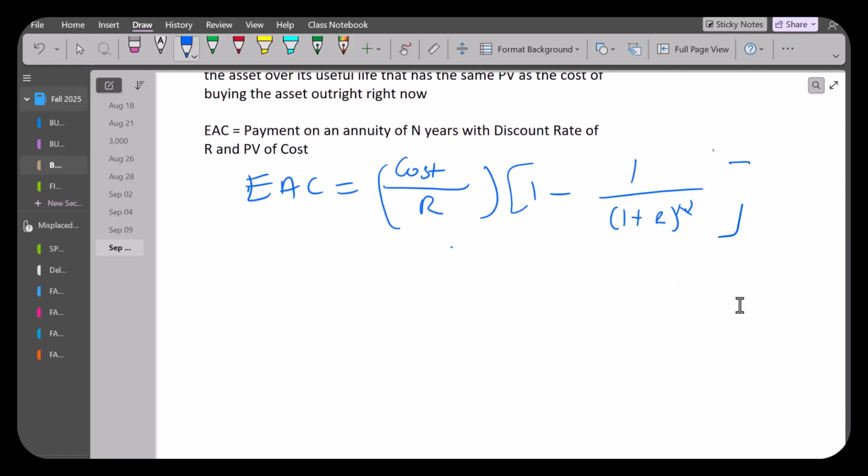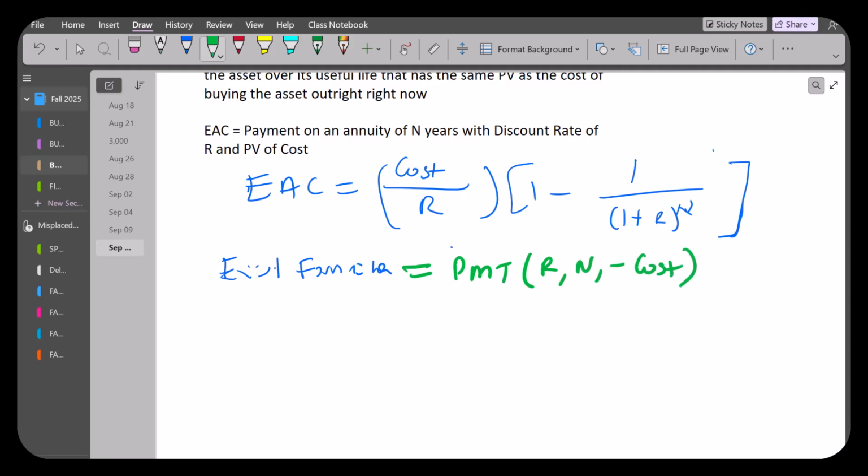We could either do that or use the Excel formula. PMT, R, and negative cost. Anytime you want a payment on an annuity, you can use that to calculate it. You don't have to use a template.